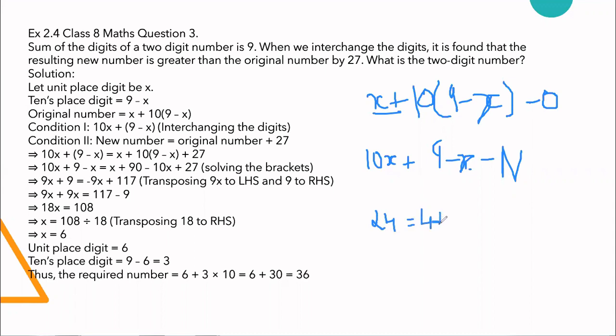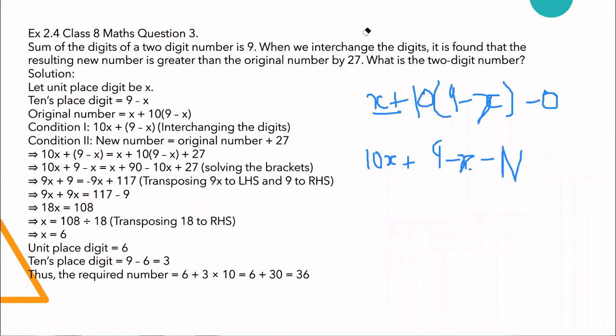They are saying that if I need 24, I must add 27 to it. But it is not possible here. According to the question, it is 27. Actually, we have to subtract, right? So, guys, that is the condition which is given in the question.